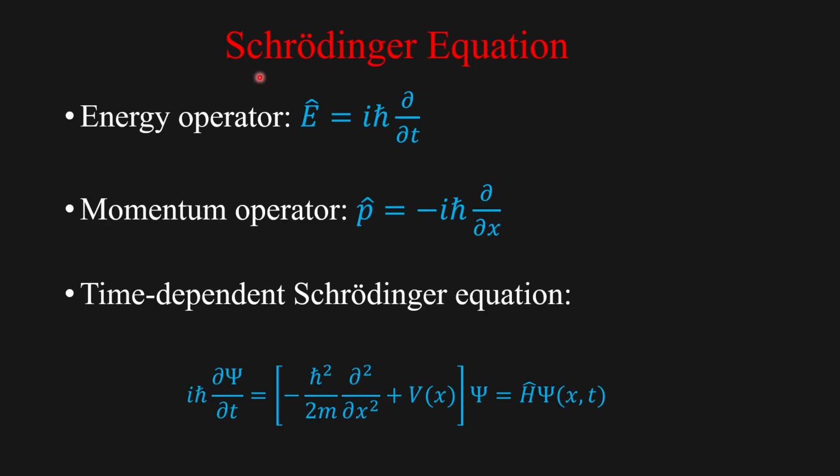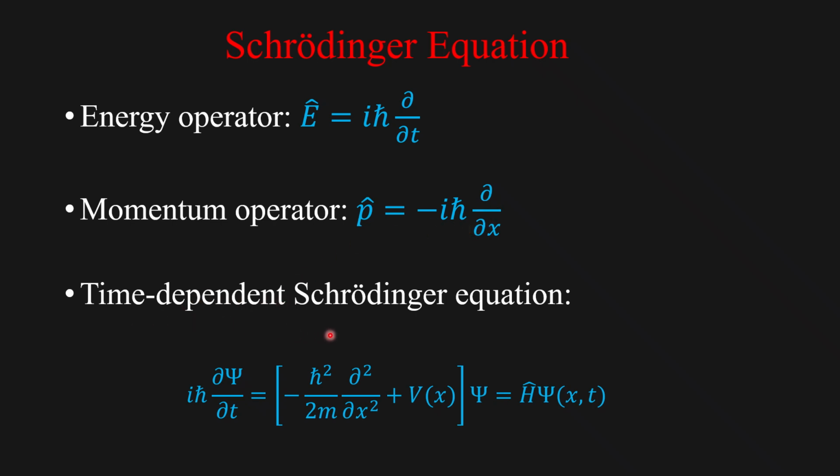And now we will see the Schrödinger equation. In the Schrödinger equation, normally we are using the energy operator E, which is equal to i h cross del over del t, and the momentum operator p, which is equal to minus i h cross del over del x.